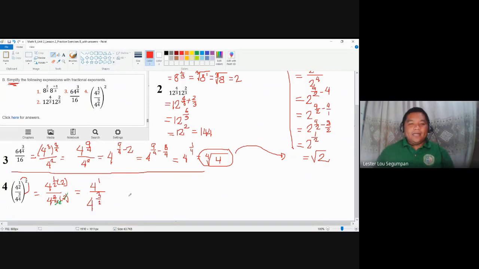Okay. After applying the power rule, let's apply the division rule or the division law for 1 minus 3 halves. This is the same as 4 to the power of negative 1 half, because 1 is 2 halves, minus 3 halves is negative 1 half.